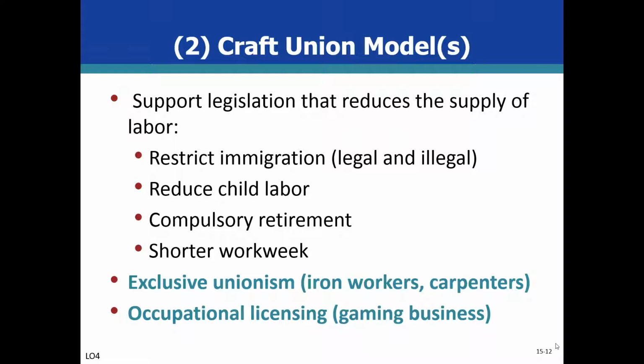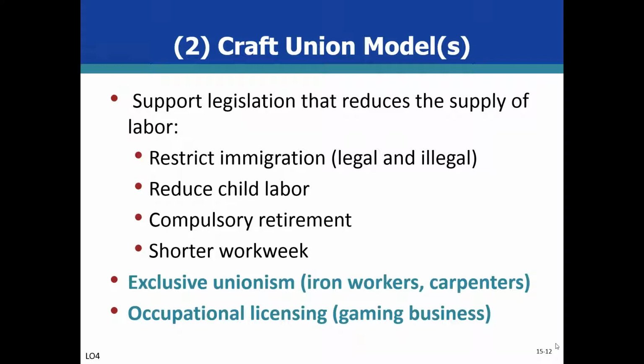Craft union models also organize around rules of entry. The organizations of iron workers, electrical workers, and carpenters attempt to restrict supply by only allowing work to be done by union members. Non-union members are restricted from working unless they join the union.